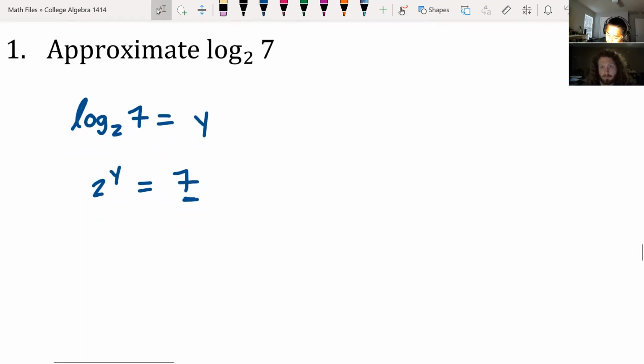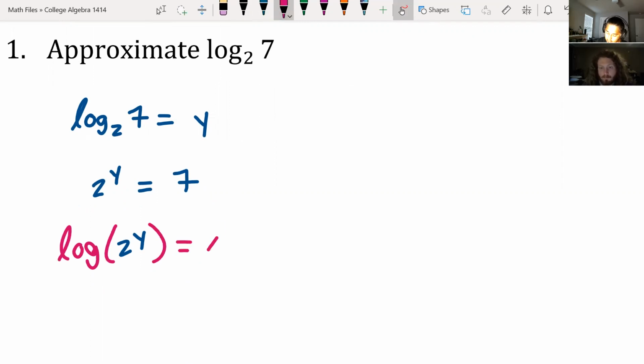So what we have to do now is apply logs to both sides of this equation. So I'm going to say log of 2 to the y equal to log of 7. And now, by log properties we have just learned, we can use the power rule on the left side, where that y is going to come to the front.